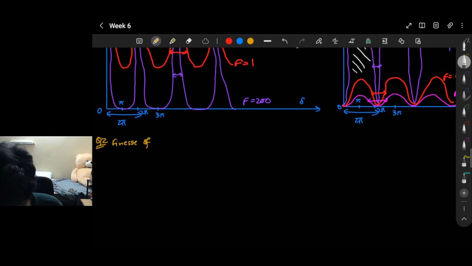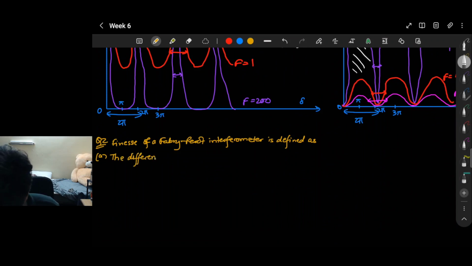Finesse of a Fabry-Perot interferometer is defined as option A, the difference of separation of adjacent maxima to half width.